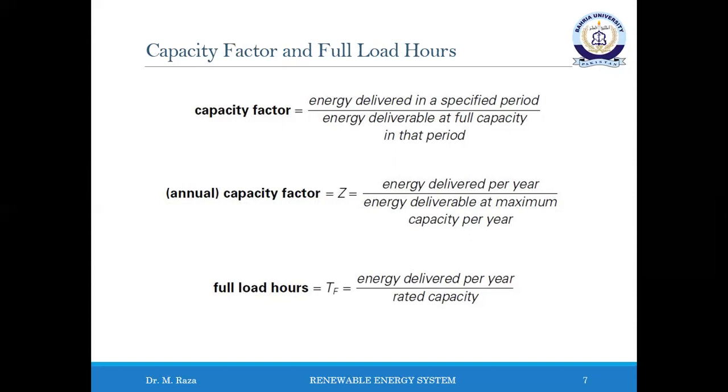In this case, the annual capacity factor can be defined as the ratio of energy delivered per year to the energy deliverable at maximum capacity per year. The full load hours is the ratio of energy delivered per year to the rated capacity. The value of these parameters for a device depends both upon its own efficiency and upon the climate at the site.